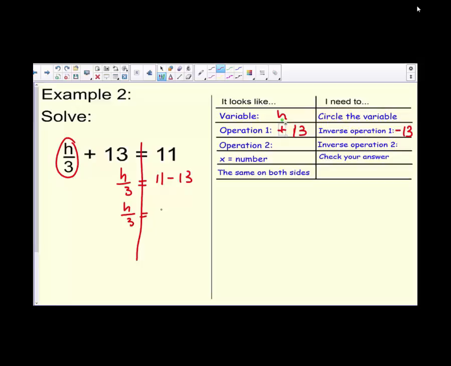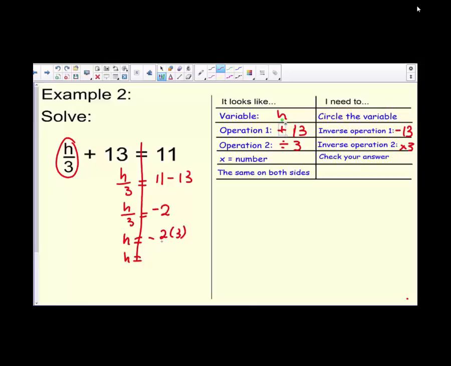Different signs, find the difference and keep the sign of the number with the bigger absolute value. What's the second operation? Well, we're dividing by 3. So we're going to multiply times 3 the other side of the equation. That means that h is going to be negative 2 times 3.